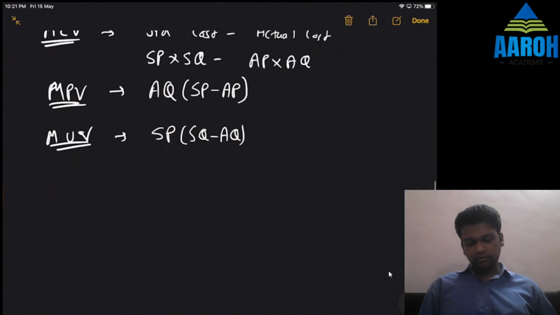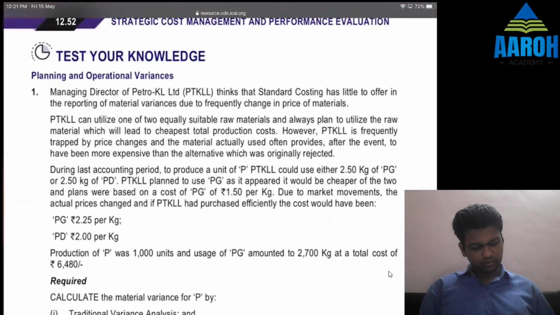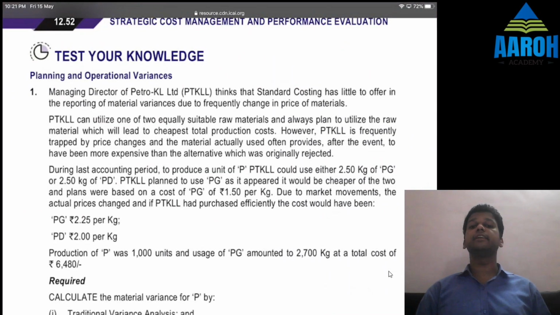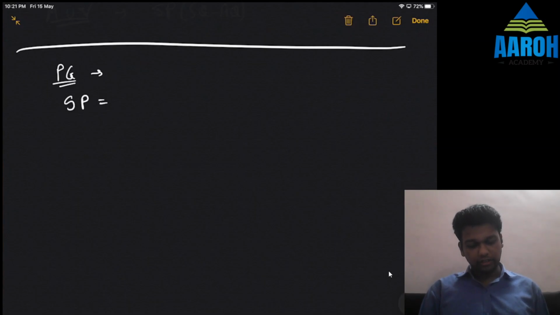Let's note the information first. They planned to use PG, and the cost was 1.5 per kg at the time they were setting standards. So what type of standard is that? Correct, at the beginning of the year, that is ex ante standard. So the ex ante standard price was 1.5 per kg because they selected PG.